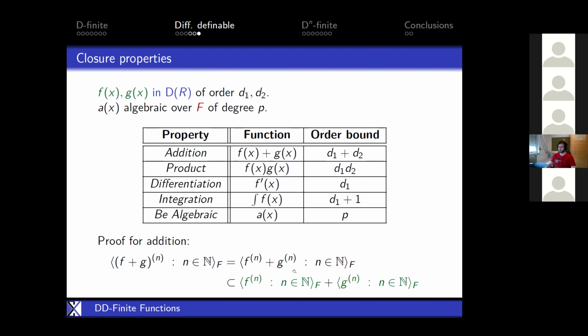By hypothesis, these two functions were in D_R, so these vector spaces have finite dimension, the sum has finite dimension, and so something inside that finite dimensional vector space has finite dimension too, and everything is done. So it's quite straightforward to prove the closure properties. Now, implementing the closure properties on the computer is just using these properties over and over again.